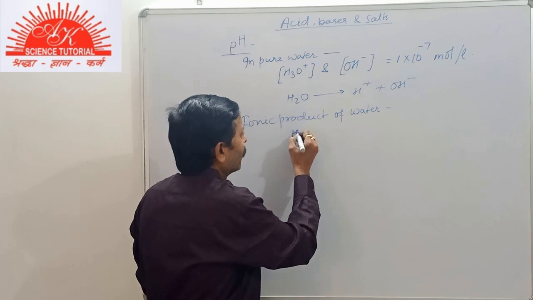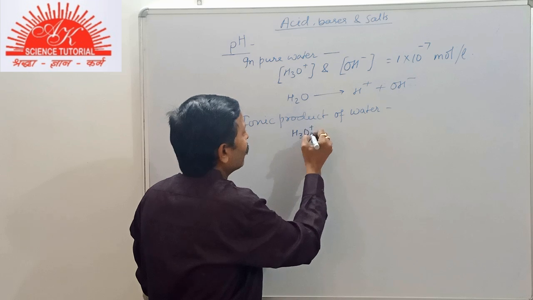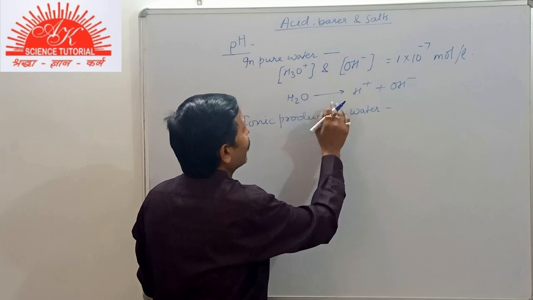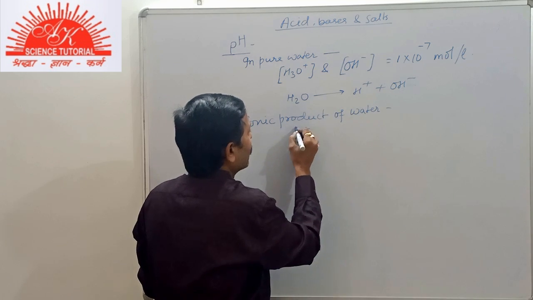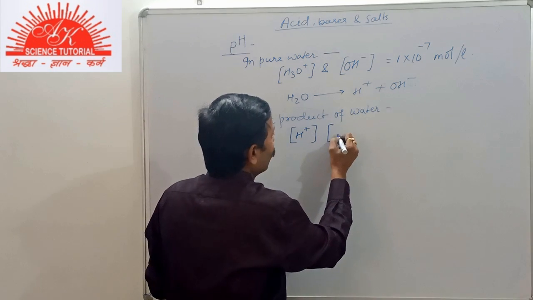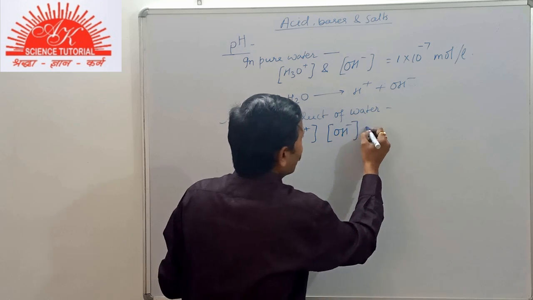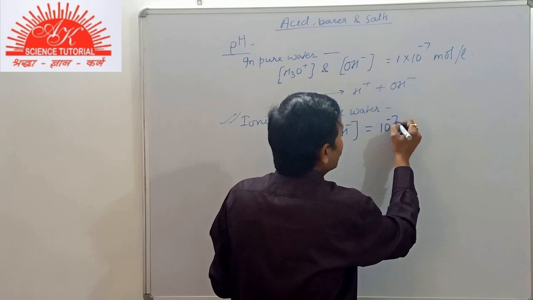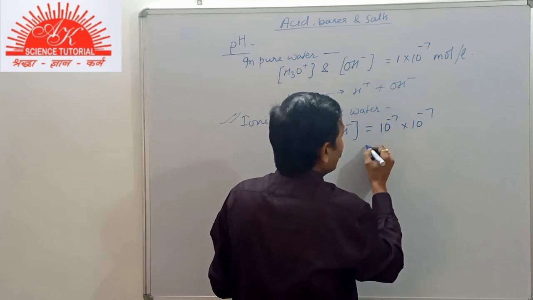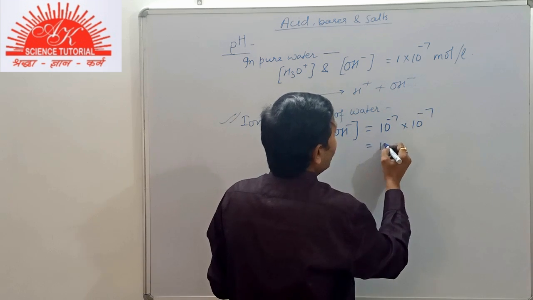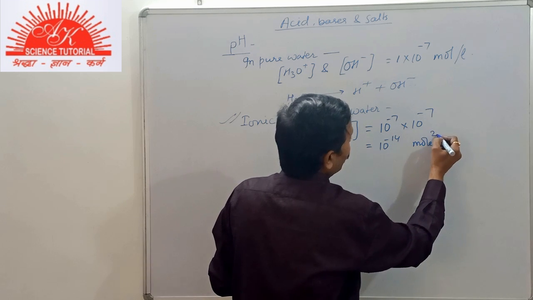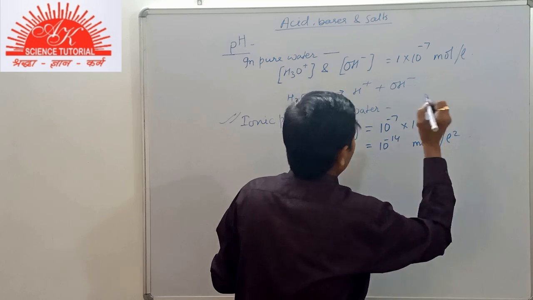Ionic product of water, that is hydronium ion, or we can write like this only, H plus ion and OH minus ion. It will be 10 to the power minus 7 into 10 to the power minus 7, that is 10 to the power minus 14 mole square per liter square.